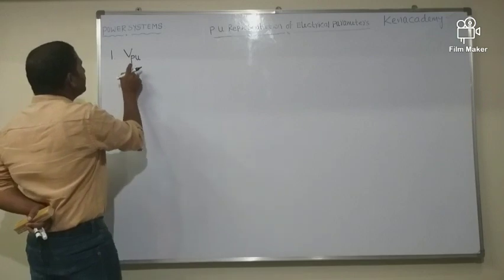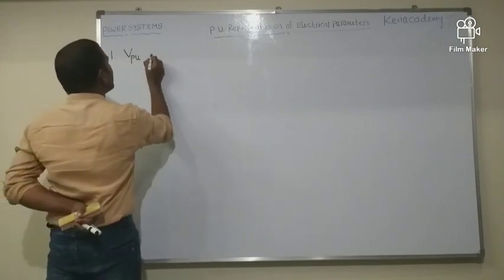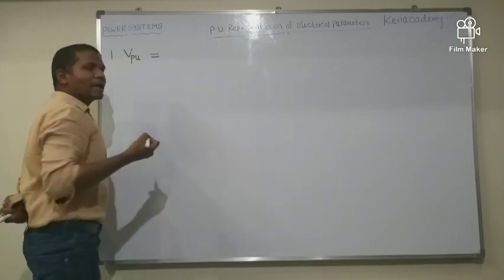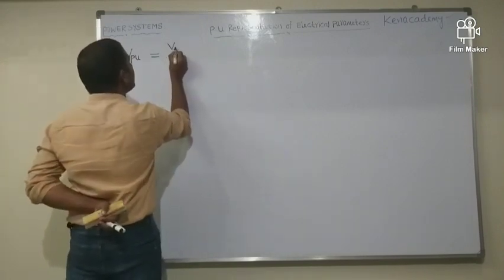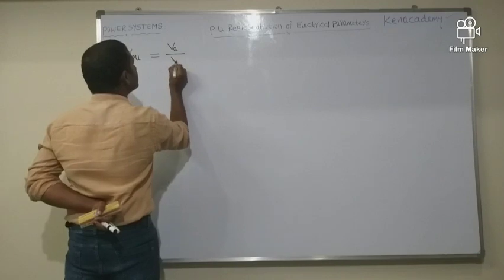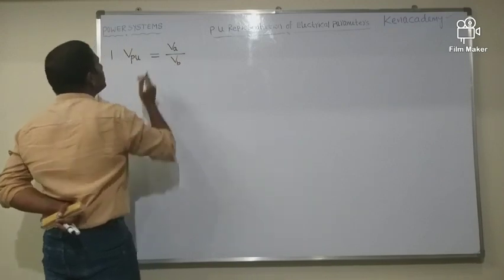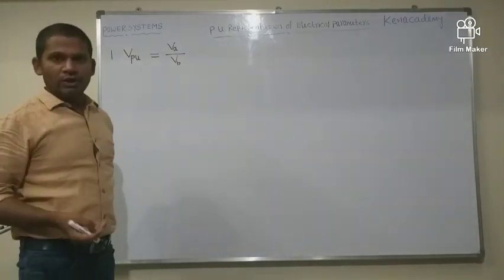Here I am writing V per unit. What is the fundamental formula for per unit value? Actual value by base value. That is, V per unit equals V actual by V base. This is the per unit voltage.